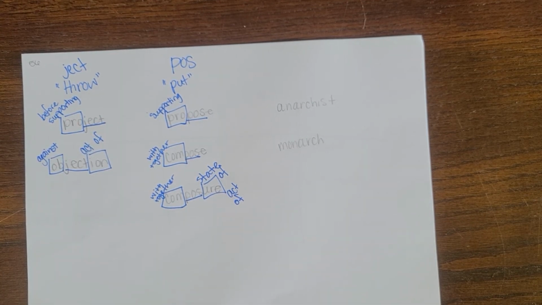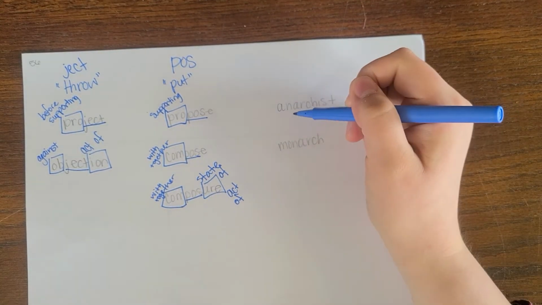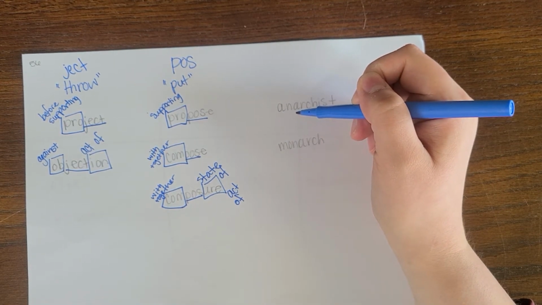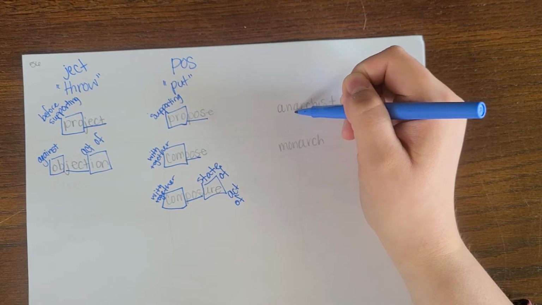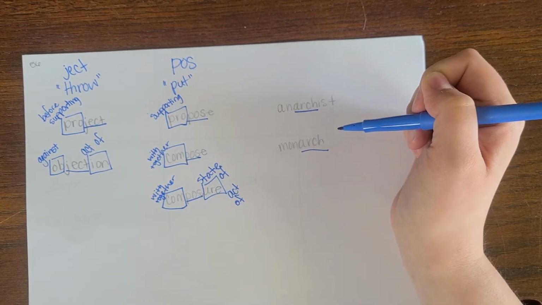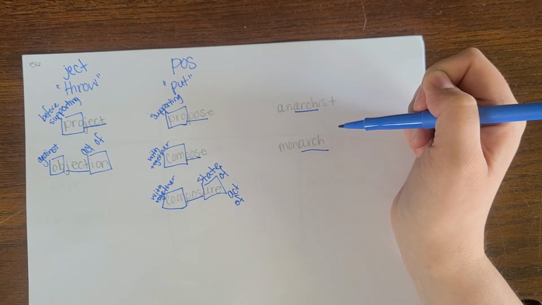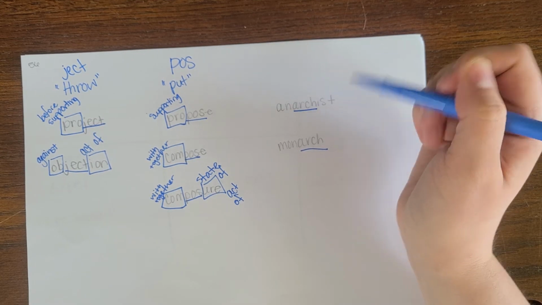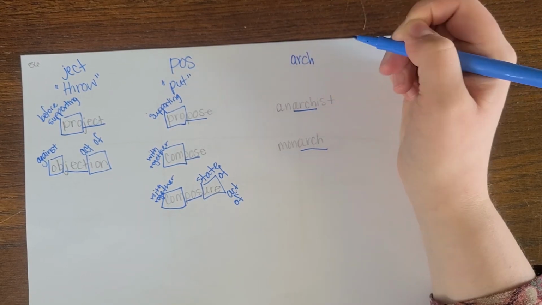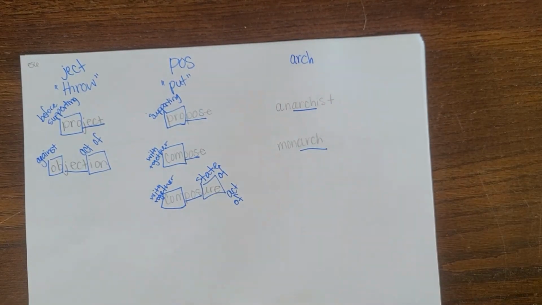We have anarchist and monarch. Hopefully you're noticing that we have arc as our word root. And we say arc, not arch here. We will take a look at those sentences and see what we come up with.